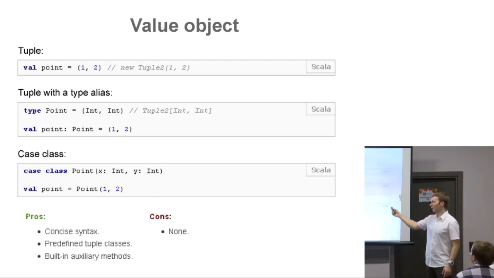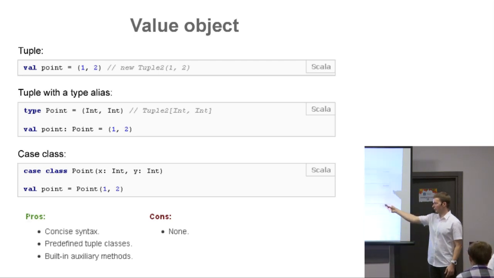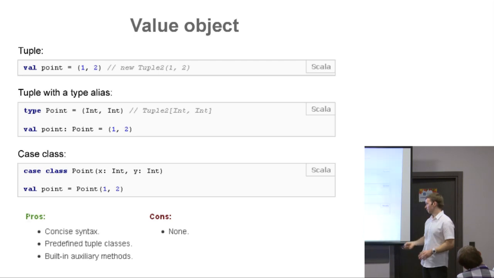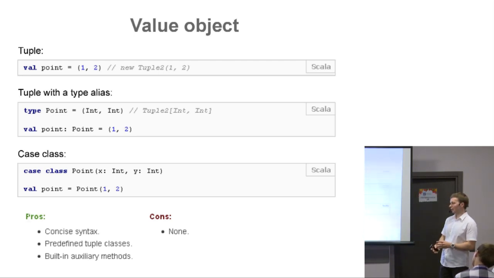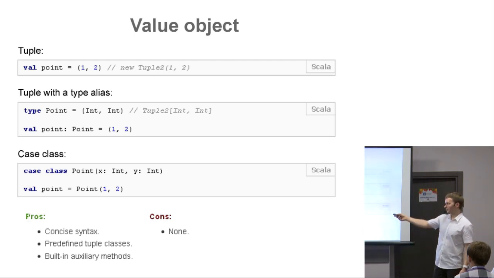We can define a type alias if we want, so we can refer to our type as point. Yet tuples are general purpose classes, so even a type alias cannot restrict someone from passing something that is not a point to our functions and so on. In such case, we may resort to case classes.